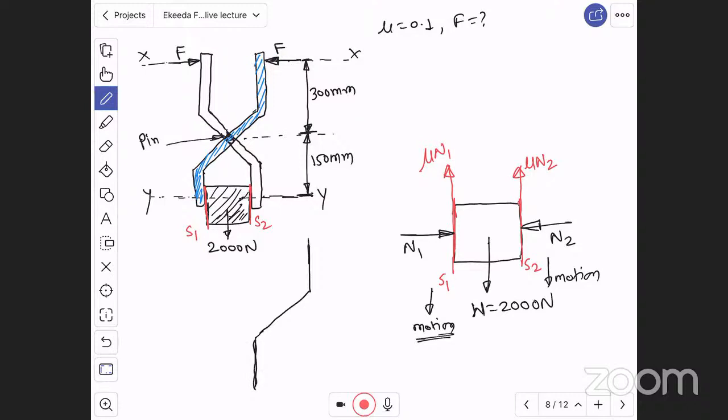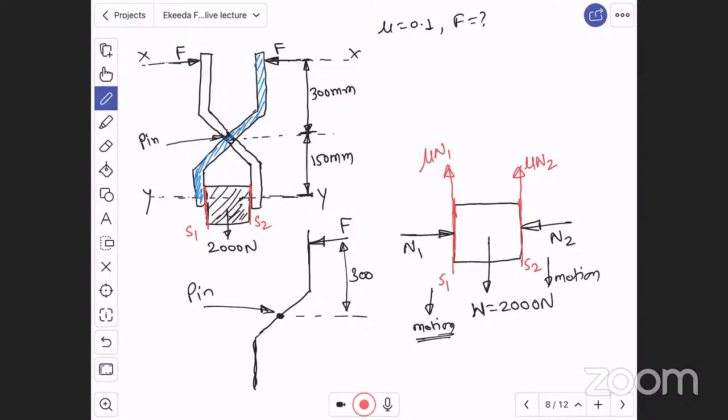Here force F is applied like this. At this location, there is a pin joint, and from this pin joint, this force is at a distance of 300 mm upward.